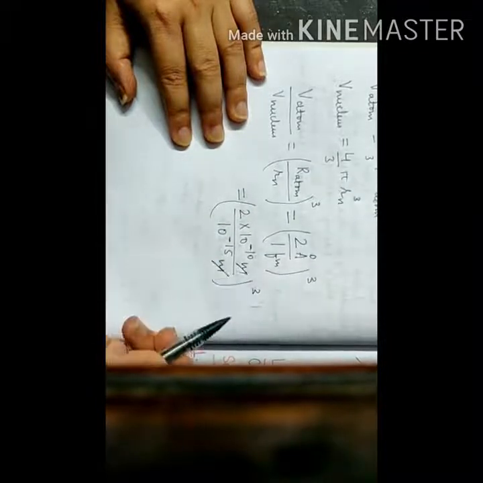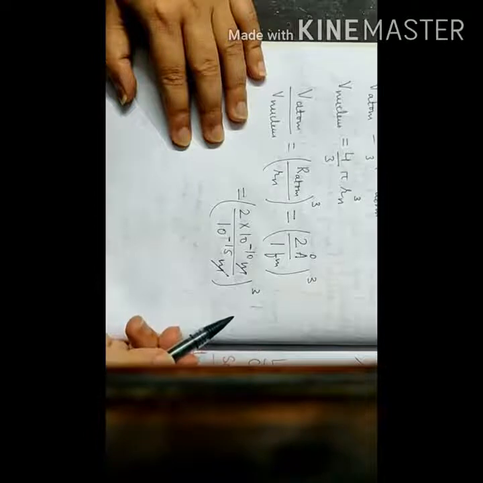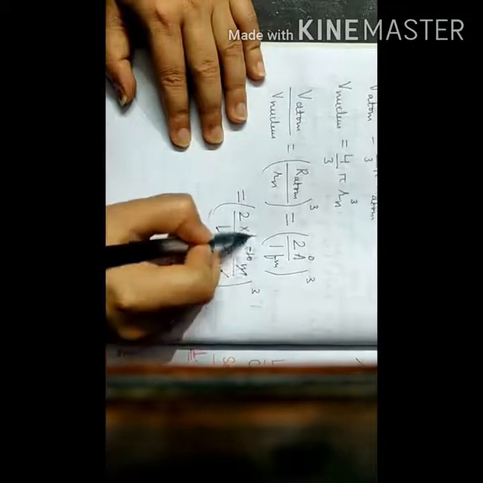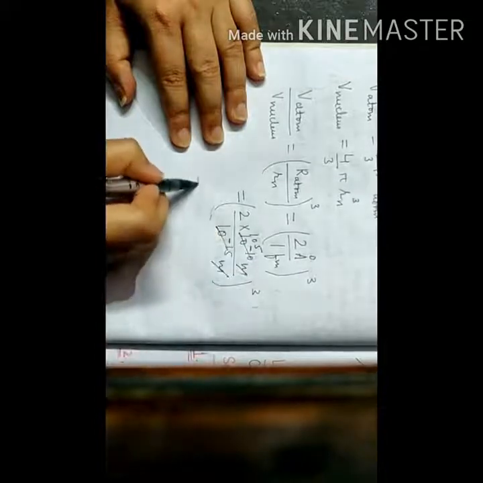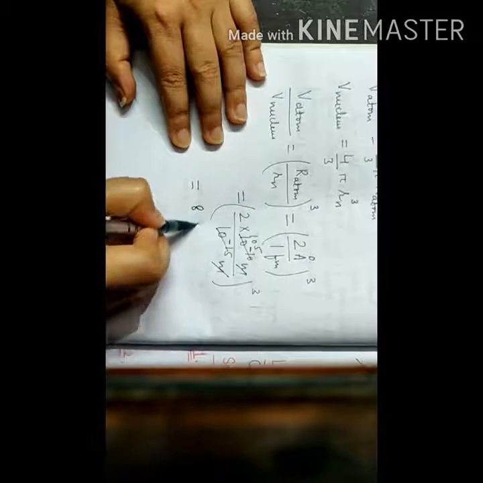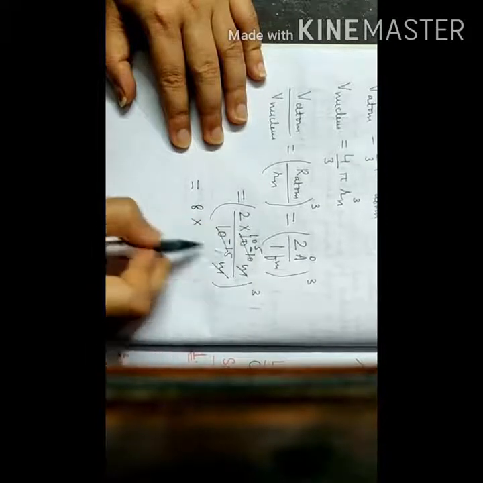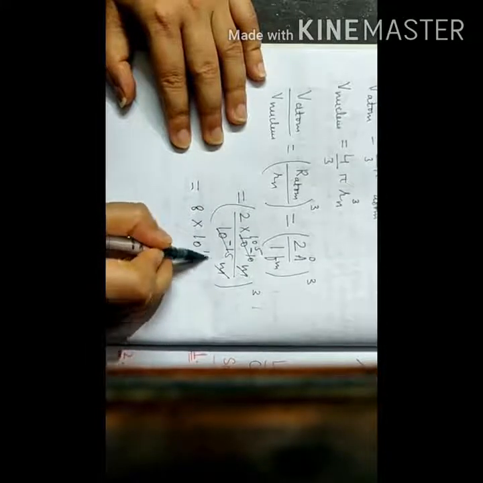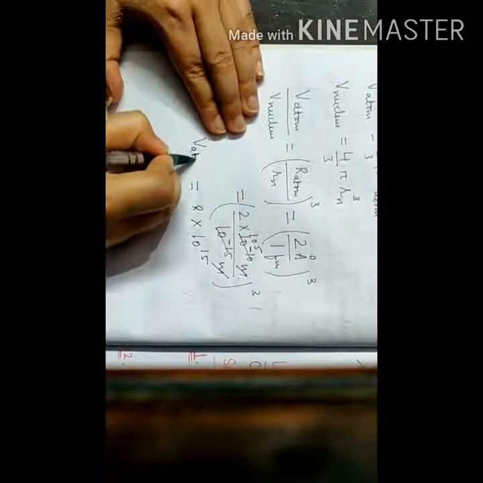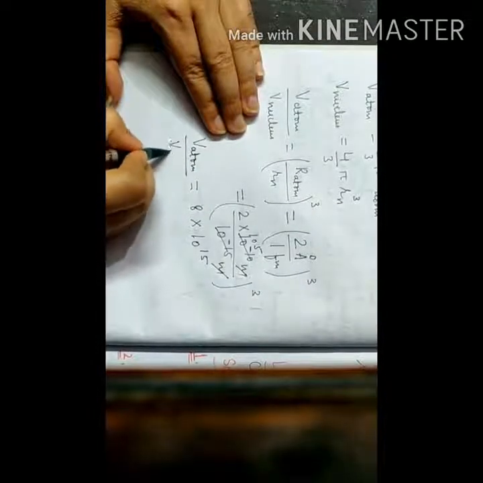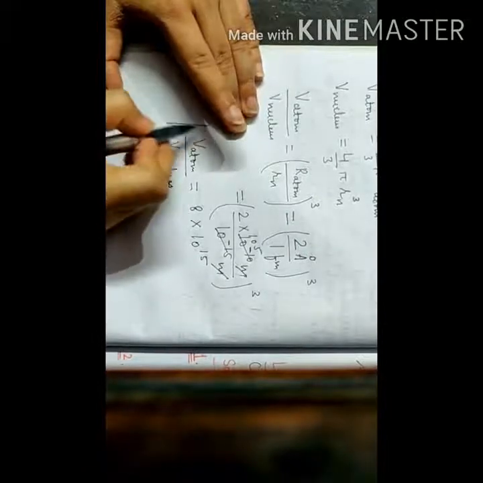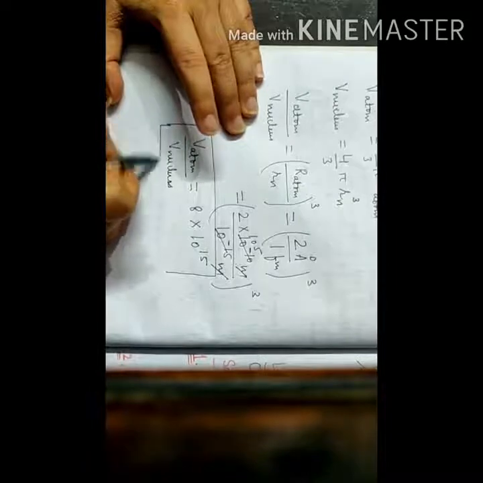Units cancel with unit. Meter cancels with meter. Now this is 10 to the power 5. So your answer will be 2 cube, how much? 8. 10 to the power 5 cube, how much? 10 to the power 15. So you now have the comparison of volume of atom to volume of nucleus. Then this is the final answer.